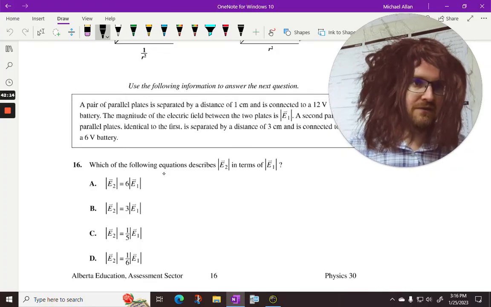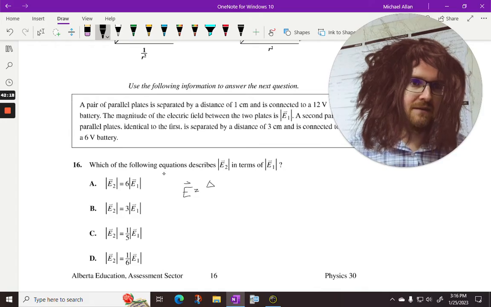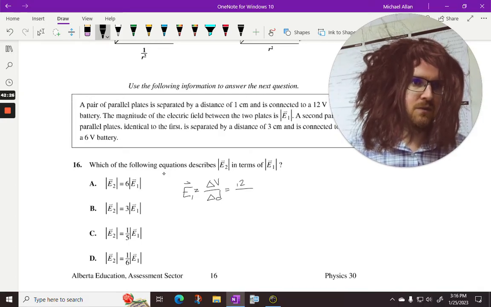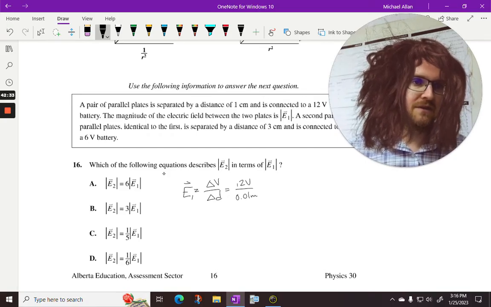Electric field is defined by the voltage divided by the distance between the two plates. So for E1, it's 12 over 1 centimeter. I'll put in meters though.